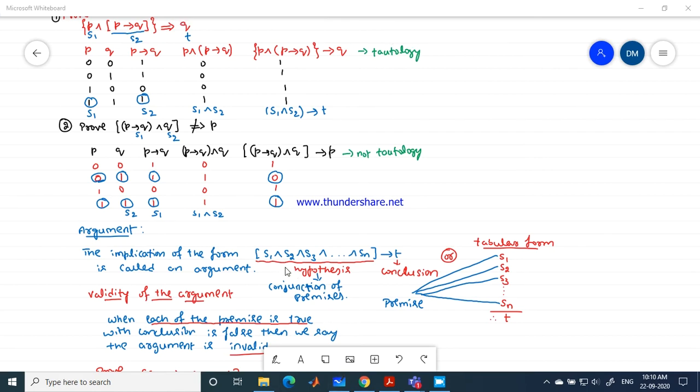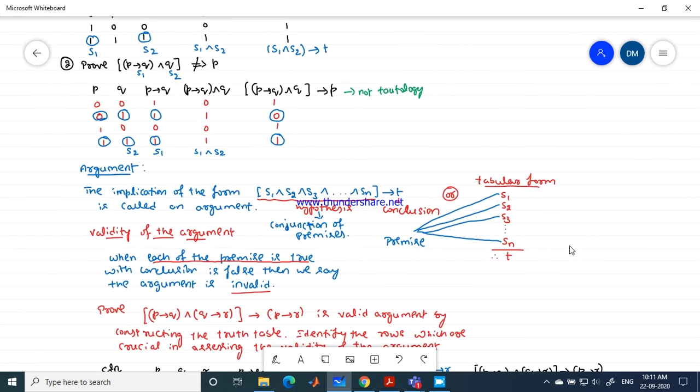So our hypothesis is a conjunction of premises, and we say that this argument is valid. That is, saying you can replace implication by logical implication is the same as saying this argument is valid. Logical implication is the same as claiming the implication is a valid argument. Both are the same. Please keep this in mind.